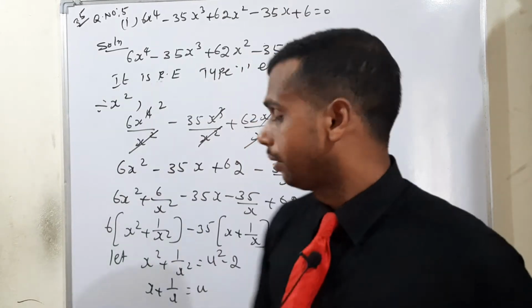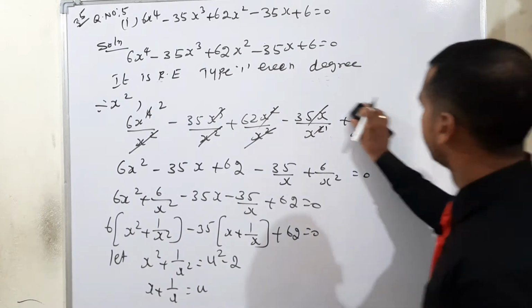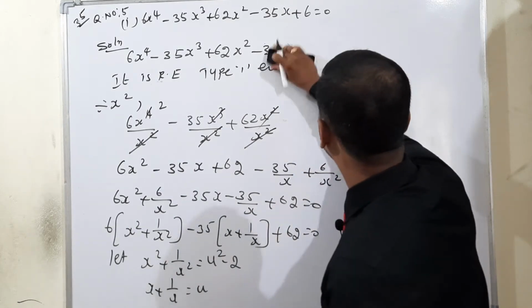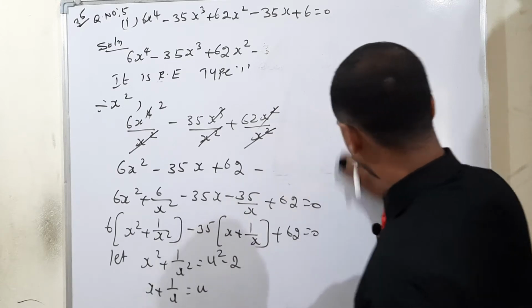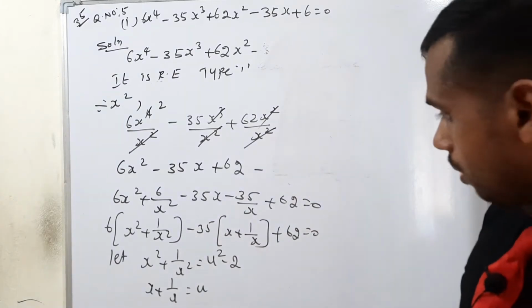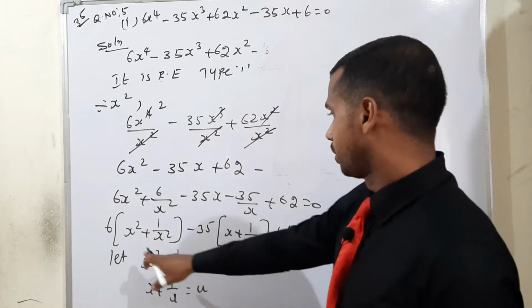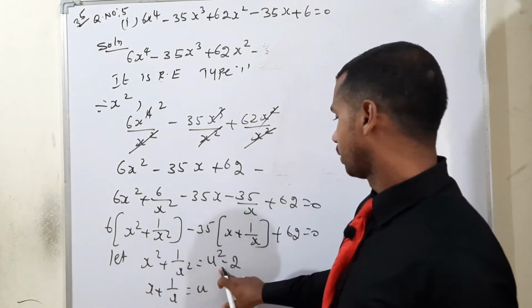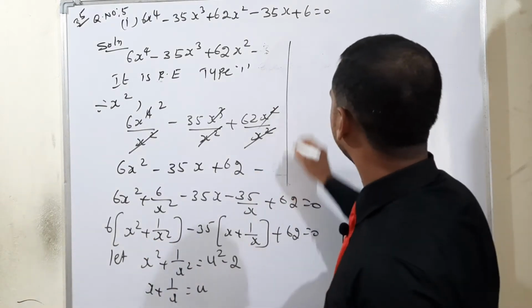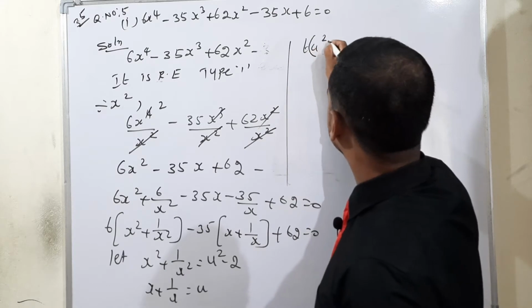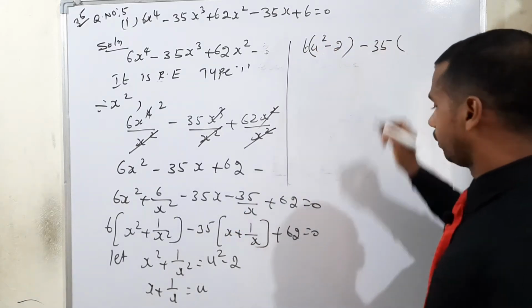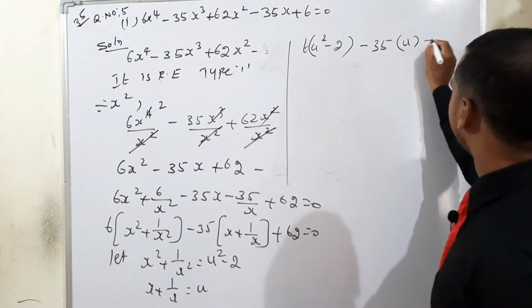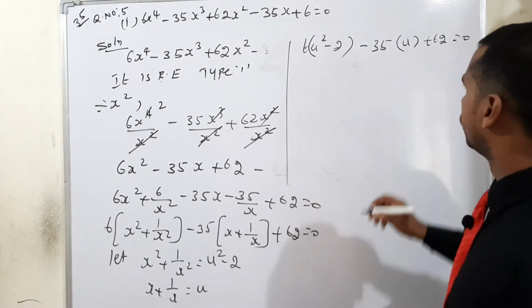Now what will happen? Instead of x square plus 1 by x square, u square minus 2. Therefore we can write 6 of u square minus 2, next minus 35 u, then constant 62 is equal to 0.